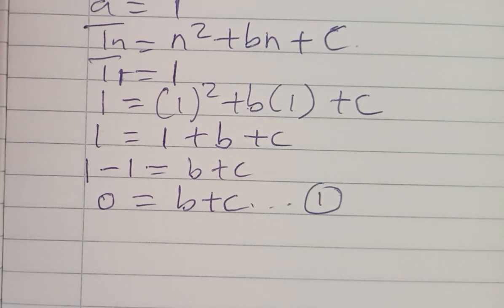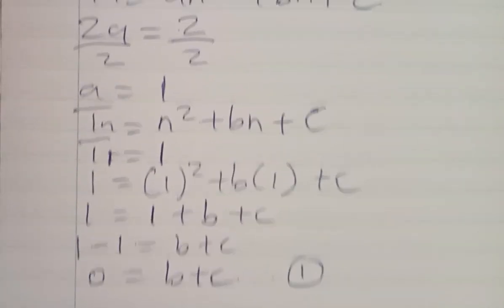To get the value of b and c, I do it simultaneously, like I said on my previous video. So far we have the value of a, we don't know the value of b, we don't know the value of c.